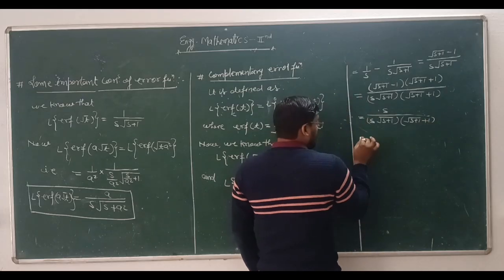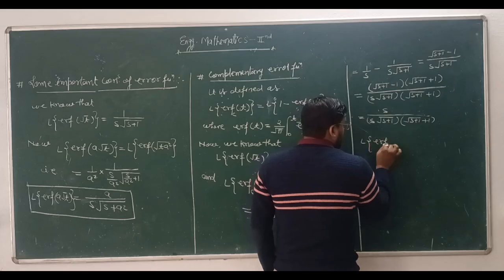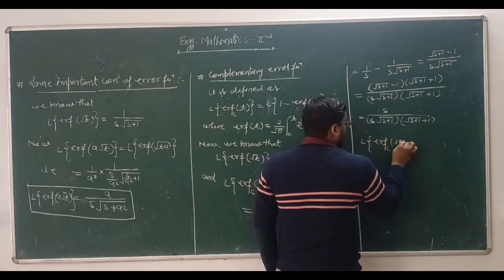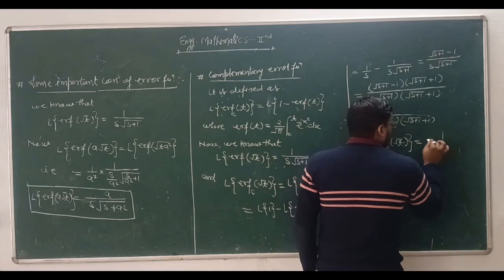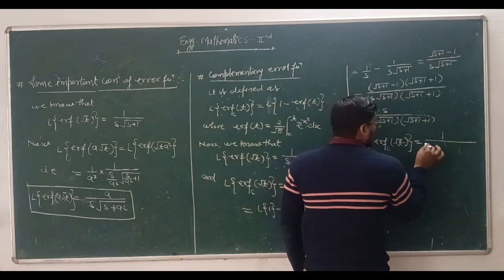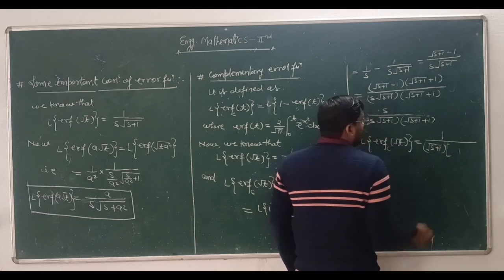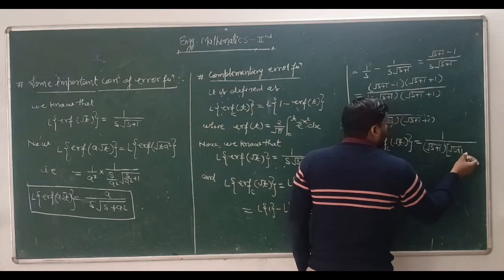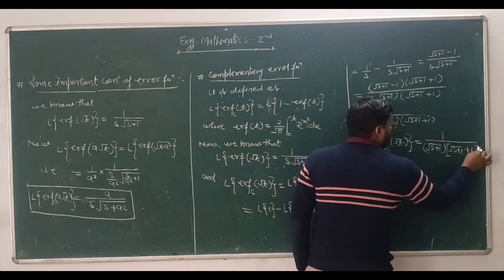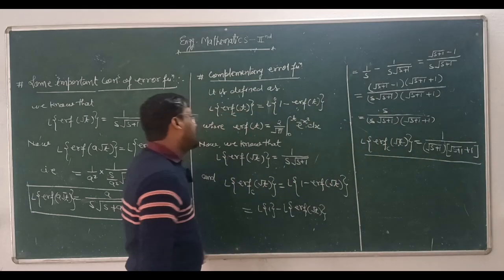Now you can write this: Laplace of complementary error function of root t is equal to 1 upon root s plus 1 bracket root s plus 1 plus 1. This is the important conclusion of the complementary function.